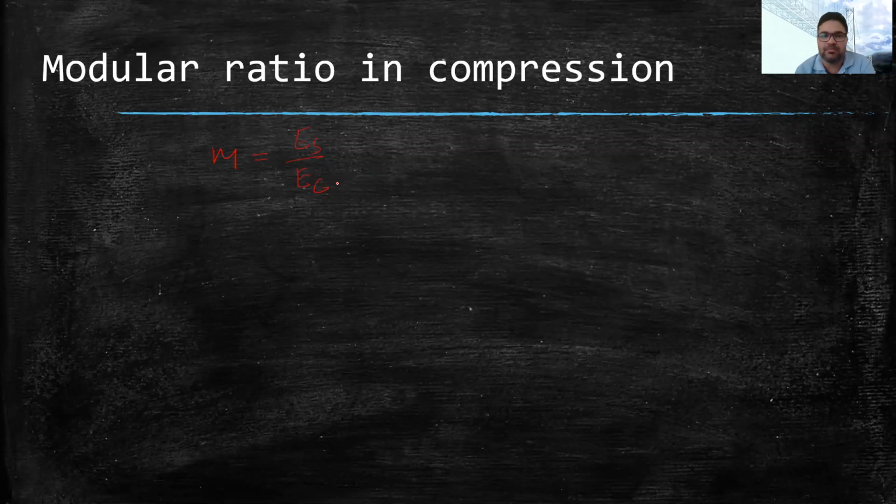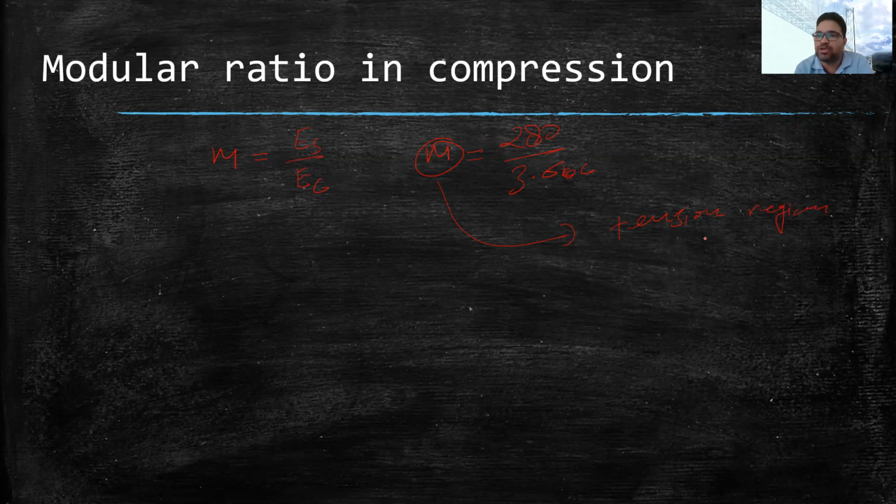concrete. But because this E value of concrete is very difficult to calculate, the IS code has given the formula of M as 280 by 3 sigma CBC. Well, this modular ratio will work for tension reinforcement, when we provide steel in the tension region.